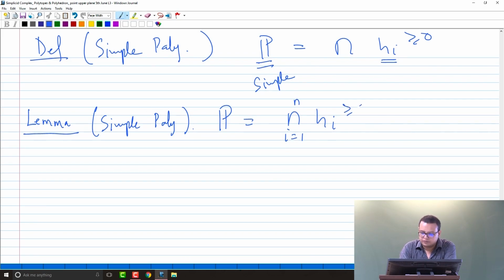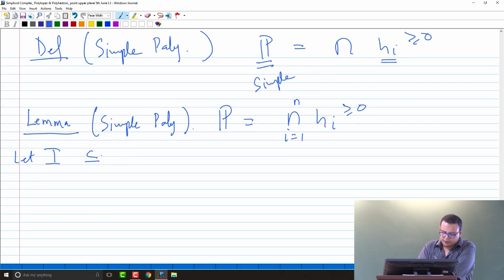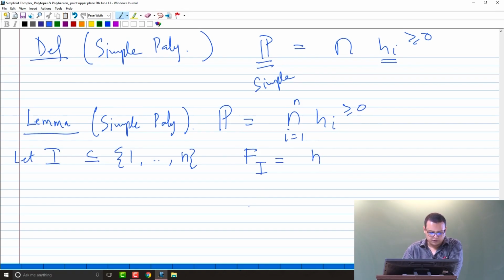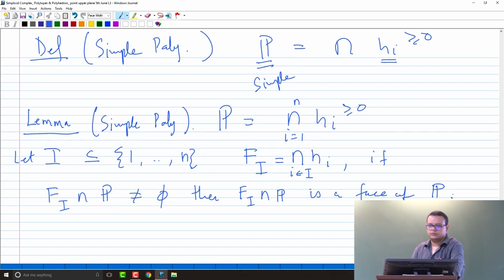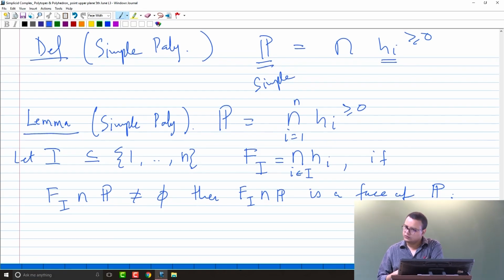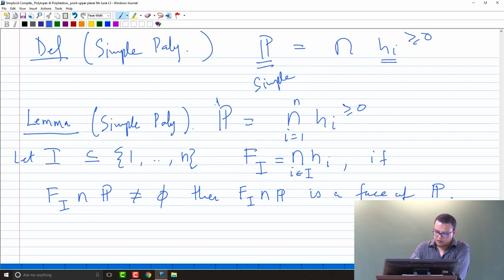Suppose I is a subset of 1 to n, and I define f of I, which is the intersection of the hi's, where hi is the corresponding hyperplane of these half spaces, i belonging to I. If f of I intersection P is not equal to empty, then f of I intersection P is a face of P. Here I am working with simple polytopes, by the way.